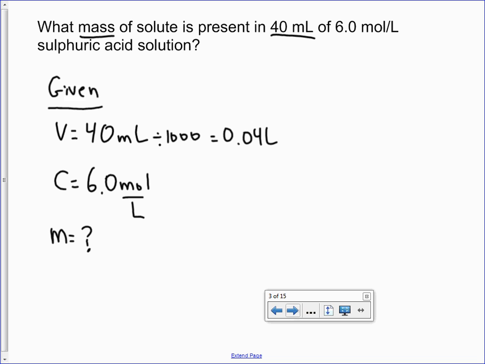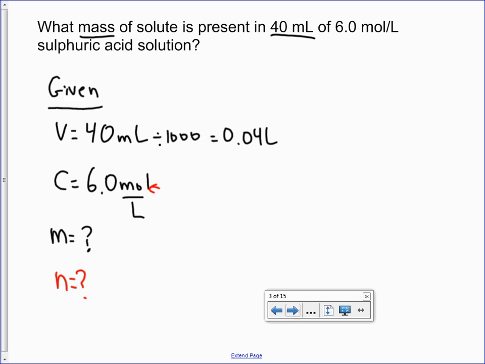The units that we are dealing with are moles per liter, and so we have units of moles. So ultimately we'll have to figure out how many moles we have in the solution. And once we know how many moles we have, then we can figure out how many grams of sulfuric acid is present.